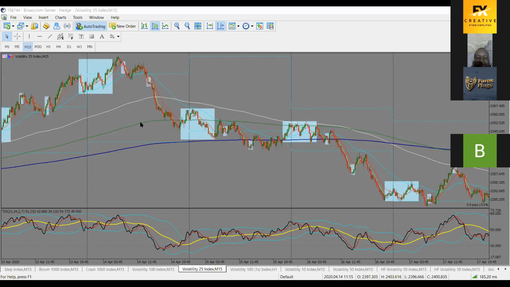All right, don't worry about the green EMA, guys. It's not exactly directly related to BTMM. BTMM has the 5 main EMAs that we use. So I use the green EMA for other things.